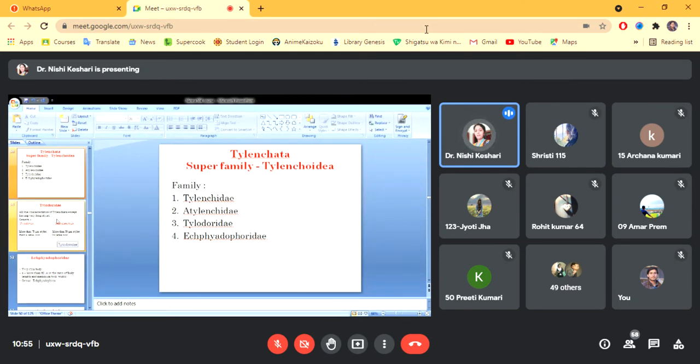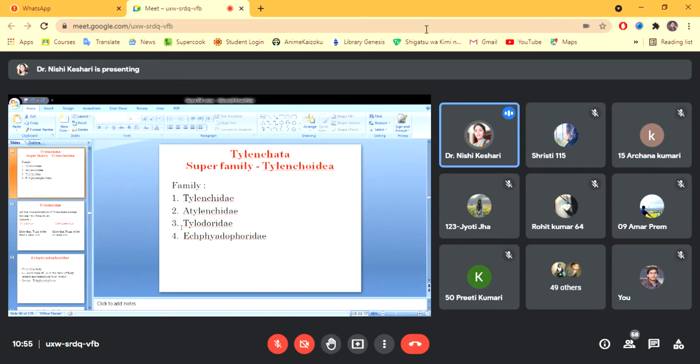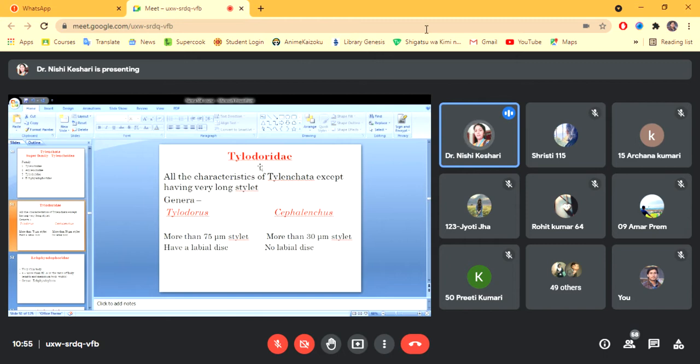Now we'll start with Tylodoridae, the third one. Actually, this Tylenchulidae is very much important that we will learn later. So first the other ones, like Tylodoridae. Tylodoridae have only two nematodes which are important.